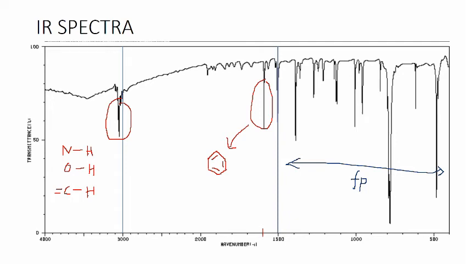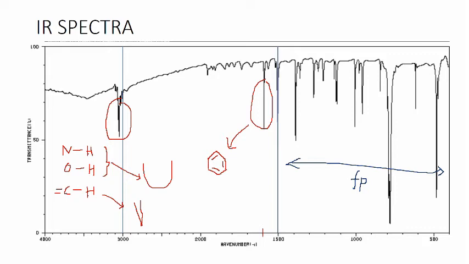Note that the intensity of this type of bond is different. The signals of NH and OH bonds are broader compared to CH bond. The aromatic CH bond is sharper than NH and OH bonds.